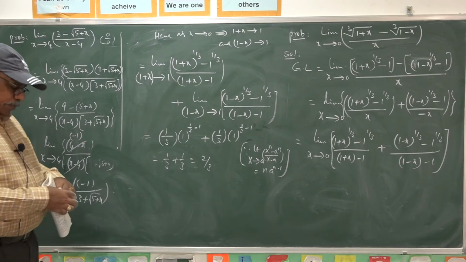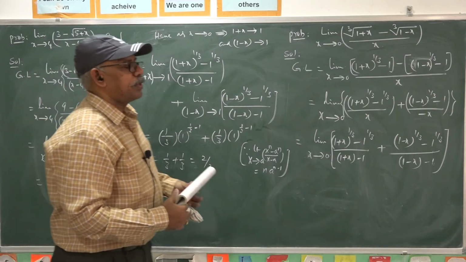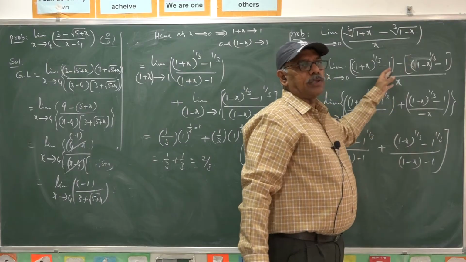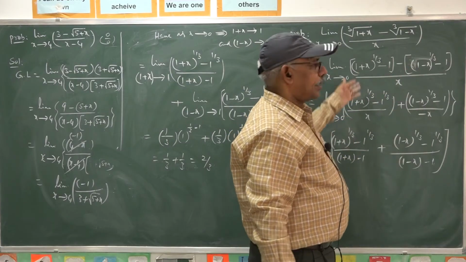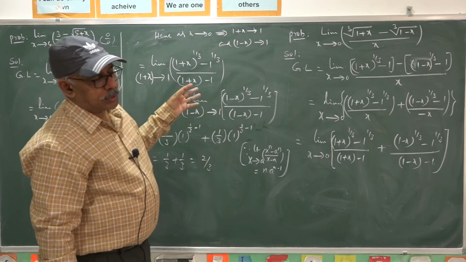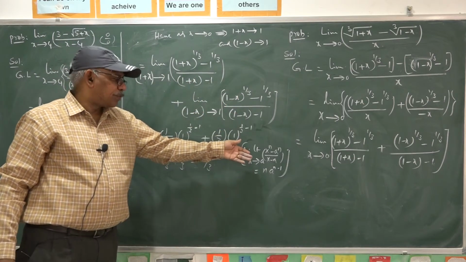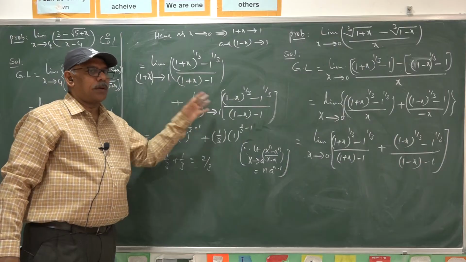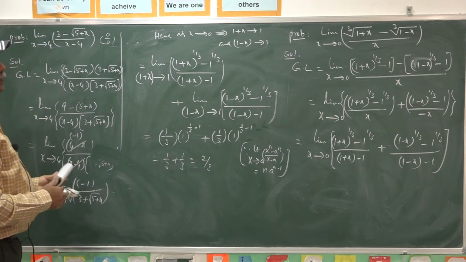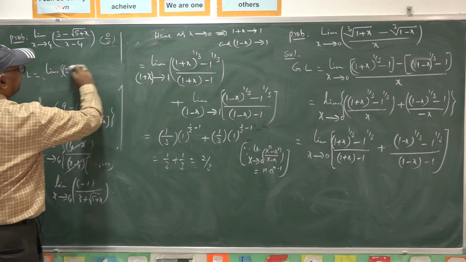So by suitable operations, by taking simple operations, that means by adding 1 and subtracting 1 in the numerator and denominator respectively, ultimately the given limit is reduced to this form, to this formula, and you can apply that formula to the limit to get the required value of the limit. That is the procedure here.